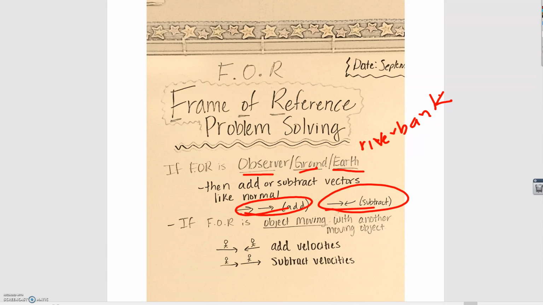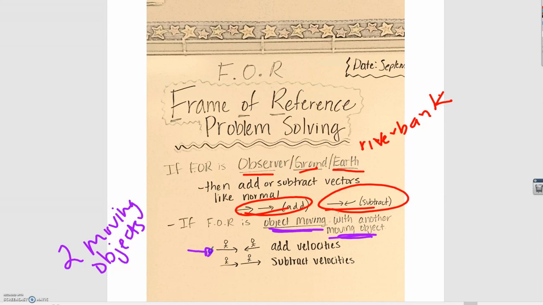Now, if my frame of reference is a moving object, or when I say two moving objects, then if they're coming together, I'm going to add the velocities. That makes sense because, for example, in a collision, as you're going towards each other, it looks like you're going faster and faster.